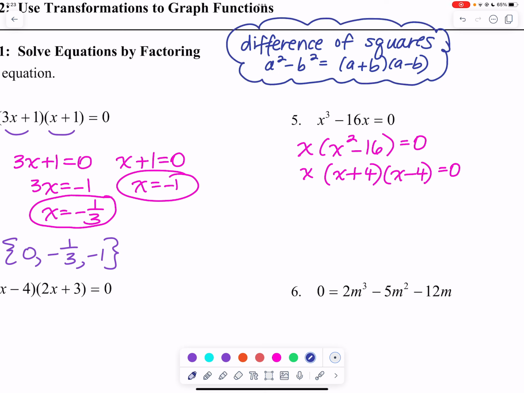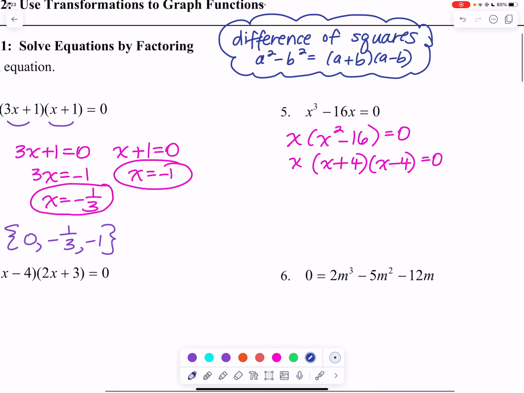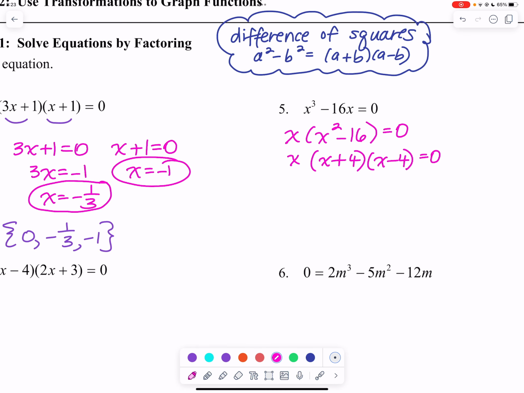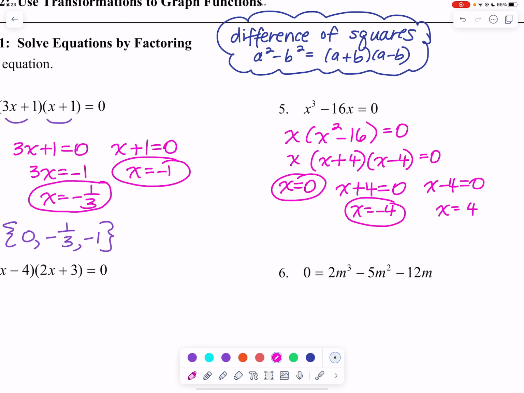So it's kind of important to recognize those differences of two perfect squares. Now we're back to where we were with number 1. So either x is equal to 0, x plus 4 is equal to 0, or x minus 4 is equal to 0. So x is equal to 0, x is equal to negative 4, and x is equal to positive 4.